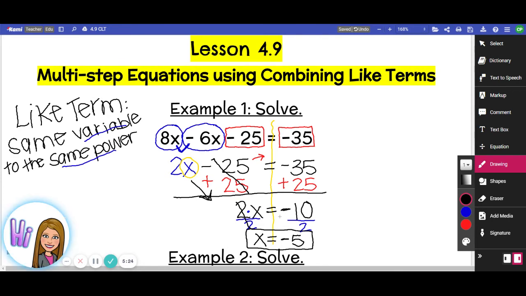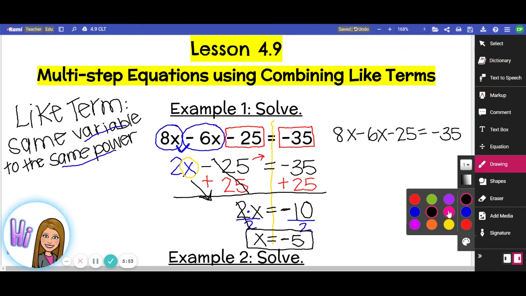But we aren't quite done because we want to put that back in and make sure that it creates a true statement. So now I'm going to go back to my original equation, which was 8x minus 6x minus 25 is equal to negative 35. And I'm just going to rewrite it. And remember that we had a value of x equals negative 5.